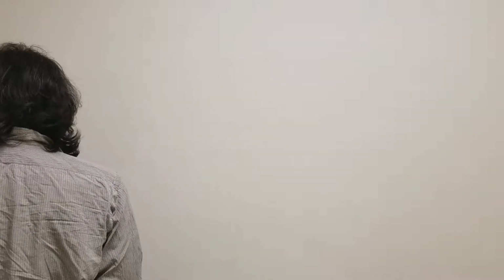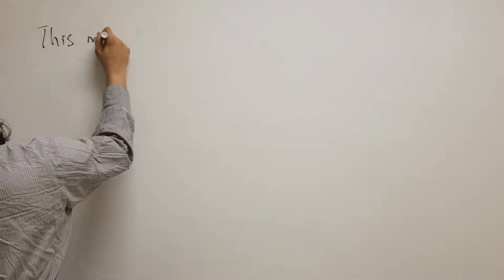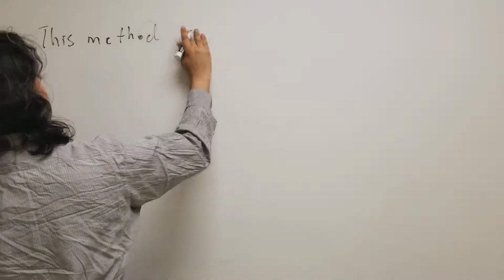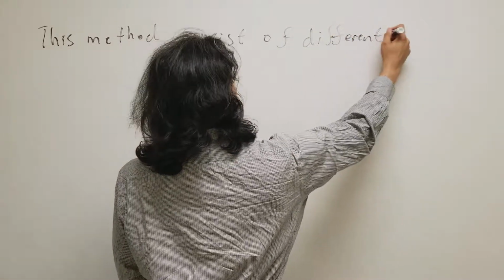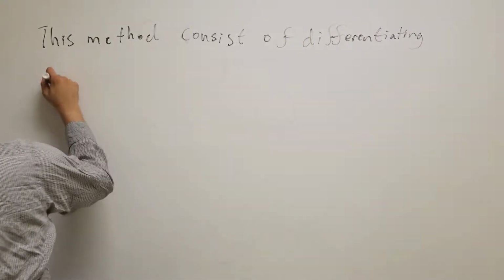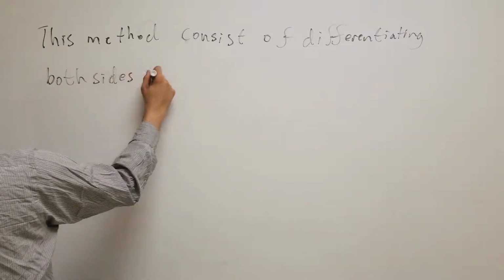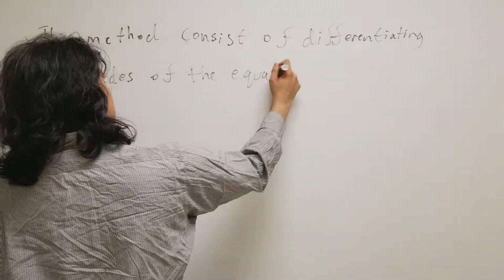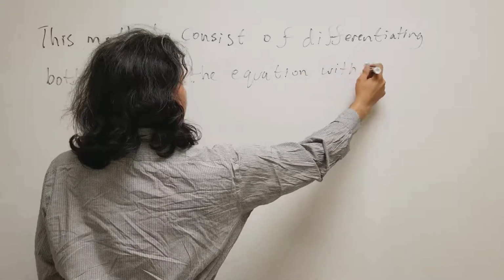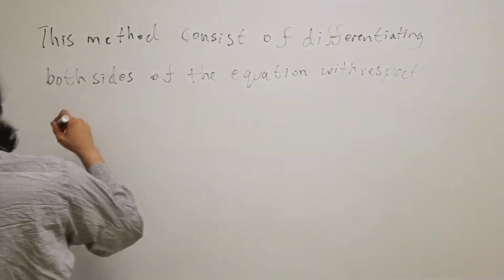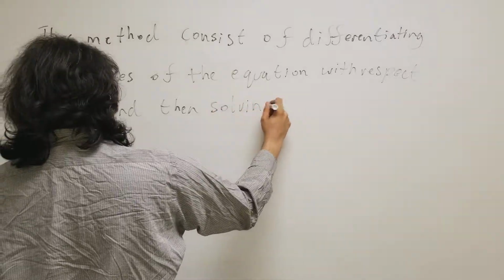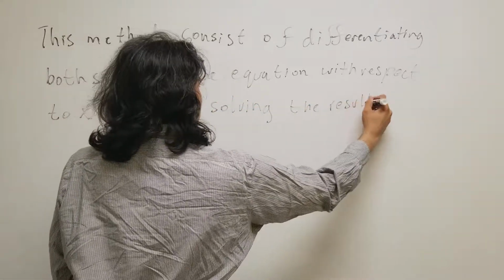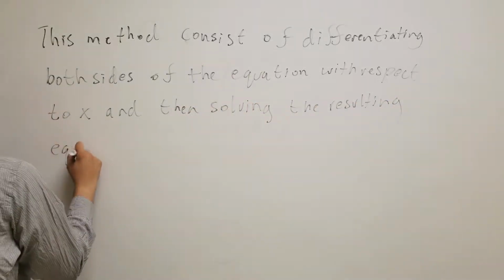The idea of implicit differentiation is that this method consists of differentiating both sides of the equation with respect to x, and then solving the resulting equation for y.